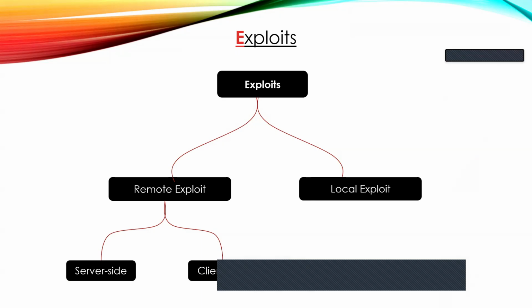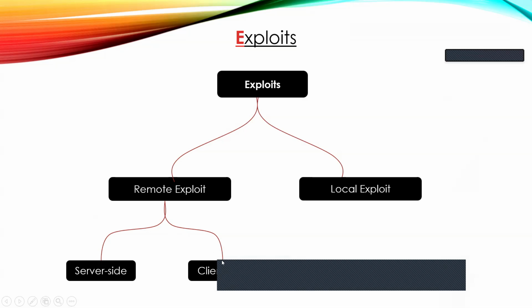Say your target system is running some vulnerable software, like WhatsApp, which we also have on the laptop. If the current WhatsApp version is vulnerable to remote code execution, and by taking advantage of that vulnerability I exploit the target, that is called a server side exploit.